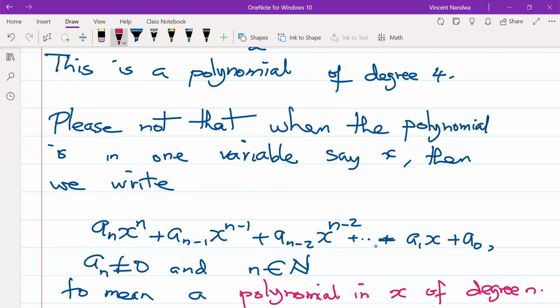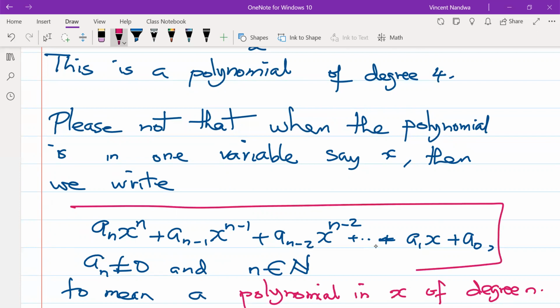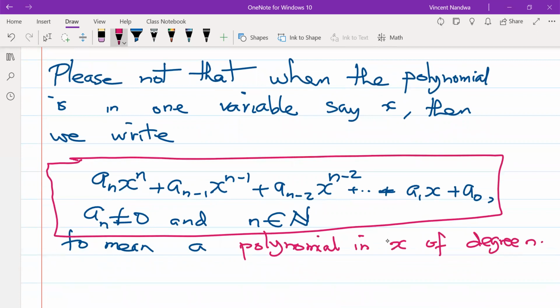So this is generally the way we write an nth order polynomial in one variable x. Those ai's are called the coefficients of the variables x^i. So a naught, a1, up to an are coefficients, and a naught is a constant.